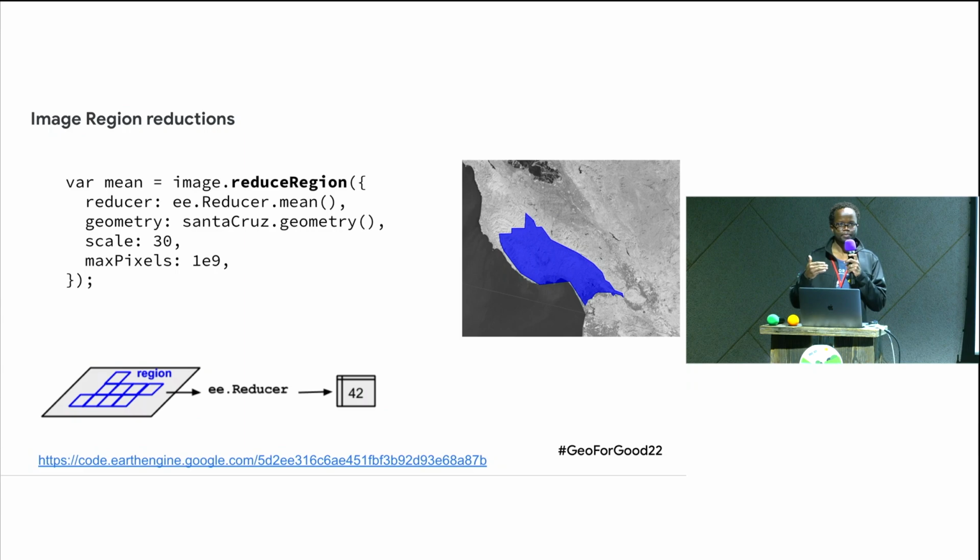Before we run that expensive computation, we say, hey, error, are you sure you really want to do this? And if you are really sure, you change the value of maxPixels. And at the bottom here is a visualization of what's happening with an image region reduction, and that's Santa Cruz over there.